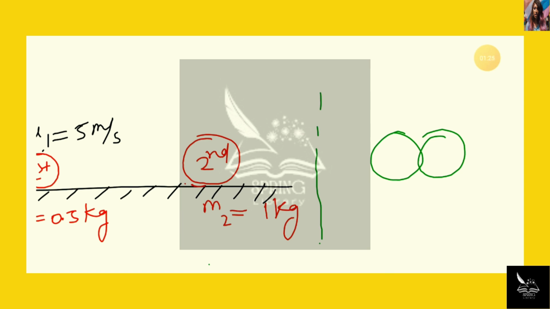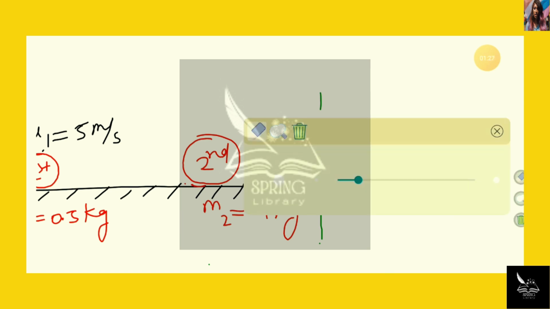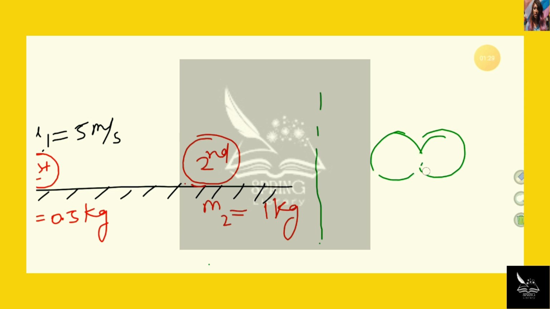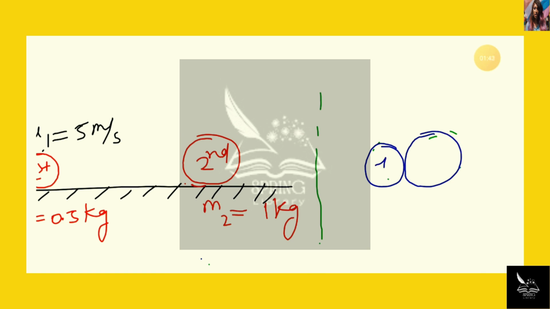So I can say that after collision the mass will be added. You can see that this is the first ball and this is the second ball, so they are stuck to each other after collision. So for this new condition after collision, the mass will be m1 plus m2.